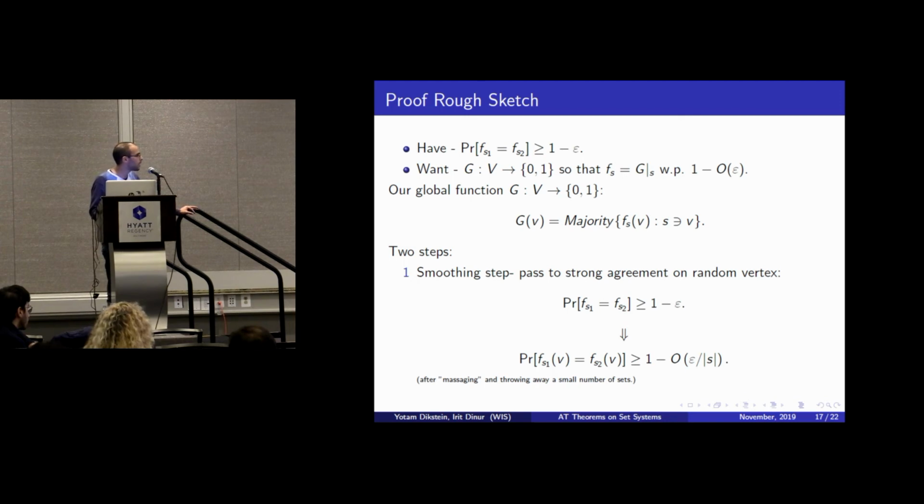But here, I don't require agreement on the whole intersection, just on a randomly picked vertex in this intersection. So let me phrase this again. I pass from a statement about agreeing on the whole intersection with high probability to agreeing on a single randomly picked vertex, but with very high probability.